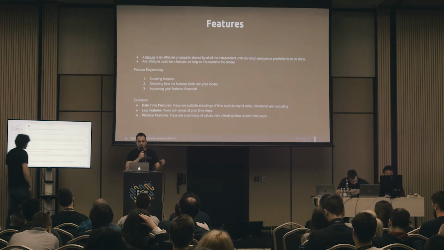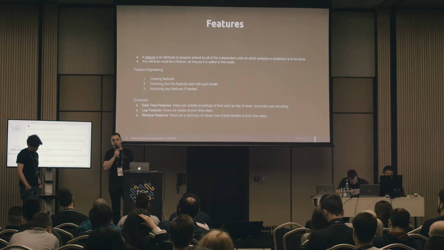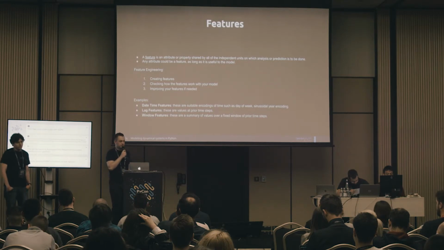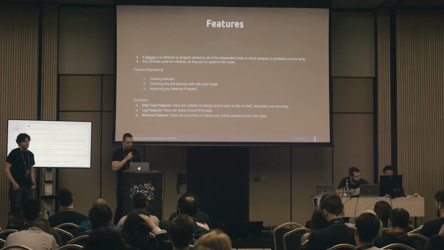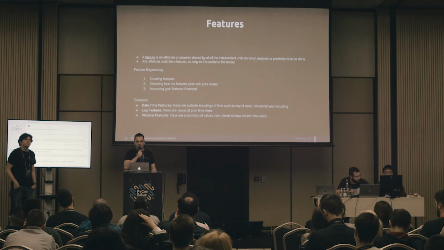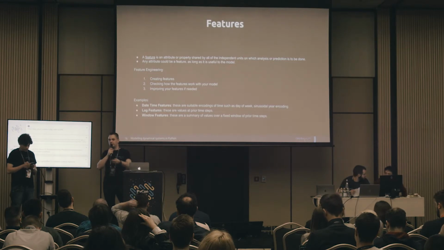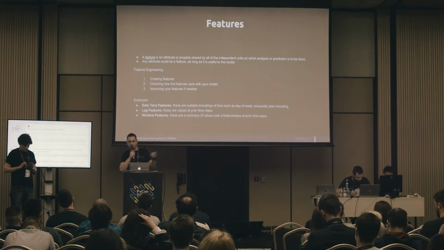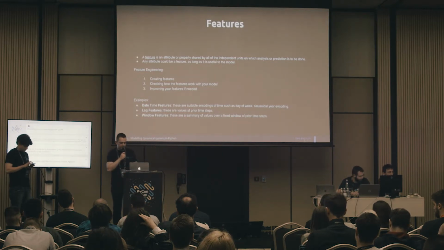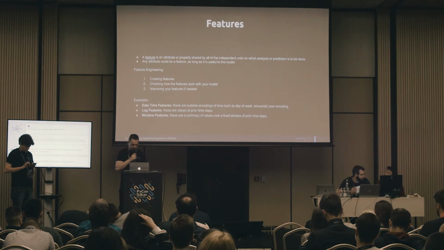So a daytime feature basically means that, well, it's Christmas, then probably it's important, and you have these kinds of examples all around. You have lagged features where it's important to use the history. Let's say, in order to predict the value for the next month, I want to use the values from the previous 3 months, or a quarter of a year, or something like that. And you have window features, which are basically just sliding windows, and we'll talk a bit more about that.